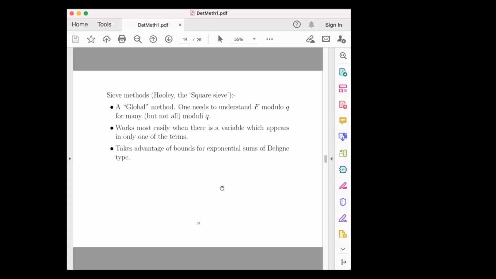And the method draws its strength from bounds for exponential sums of Deligne type. So complete exponential sums to a prime modulus, we will often have a square root saving, which is very effective in this context.